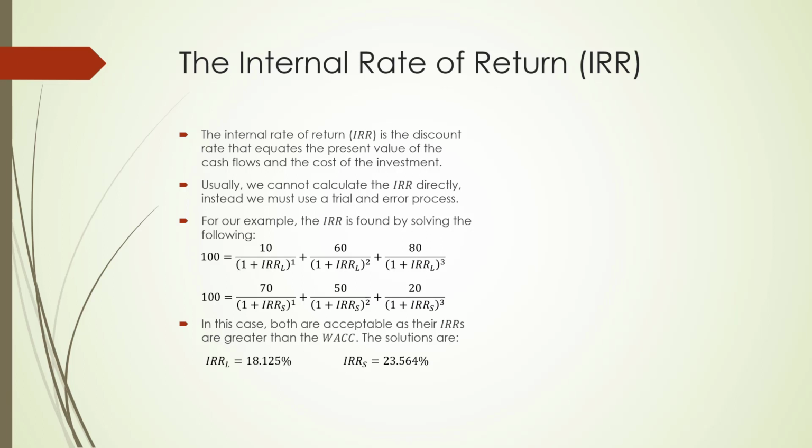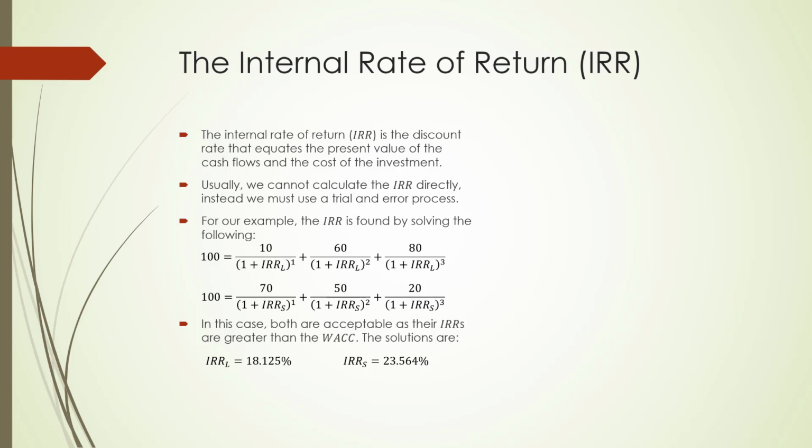Except in the most trivial of cases, such as when you only have one cash flow, you cannot just solve directly for the IRR. Instead, you have to do something like, let me try 10% and see if that works. And if that doesn't work, let me try 9 or 11 or some other rate until you find the discount rate that makes the present value of the cash flows equal to the initial outlay.